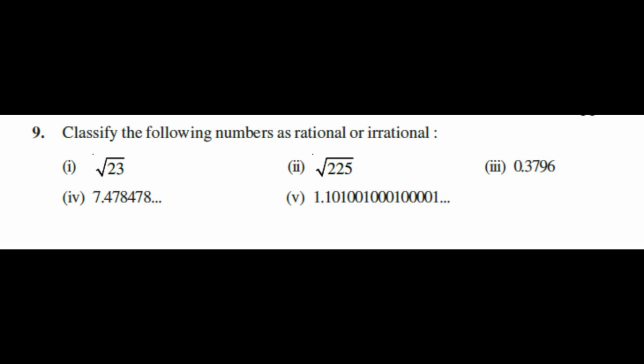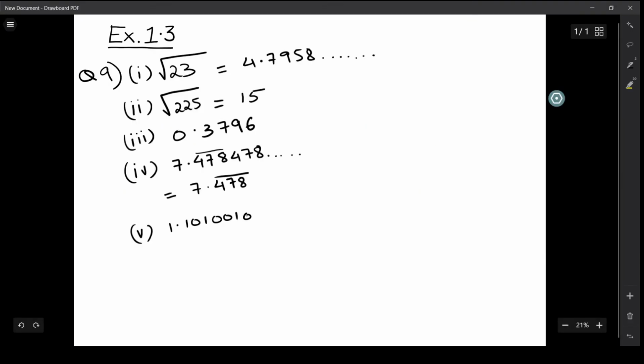The fifth one is 1.101001000100001, and so on. Now we've done enough in this exercise to know that this is an irrational number.